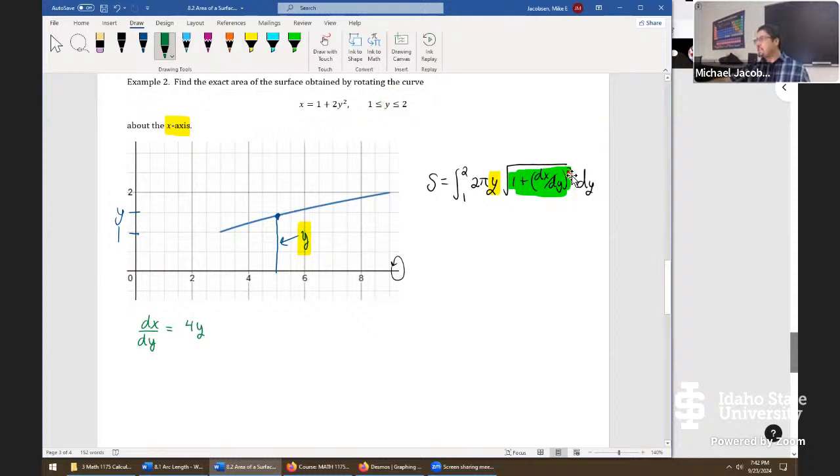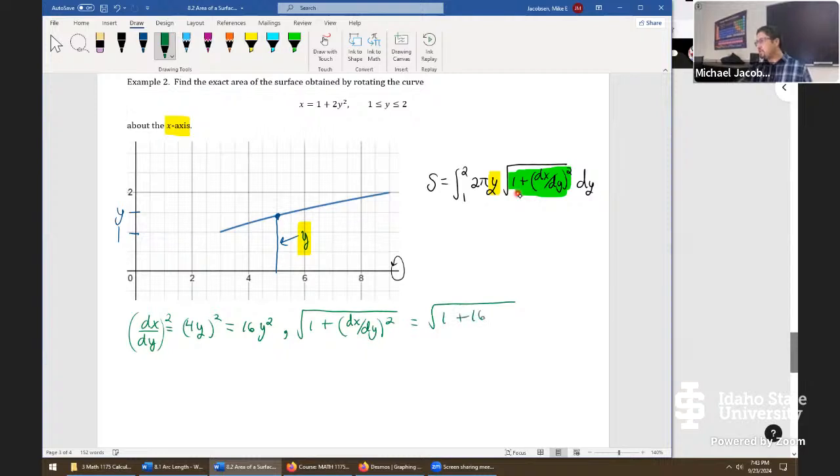So that means if we go up to the next step, bump that to power 2. We're now dealing with the 16y squared. Add 1 to that, and we have the following. Root 1 plus dx dy squared is the square root of 1 plus 16y squared.